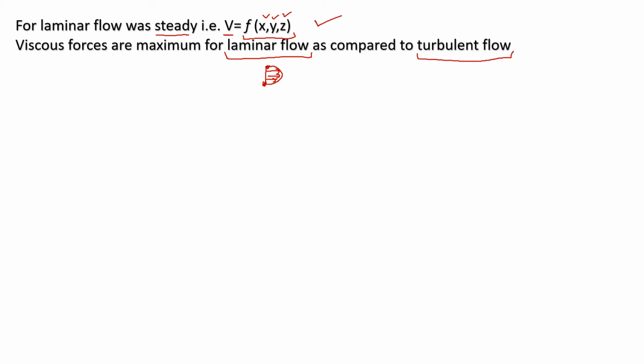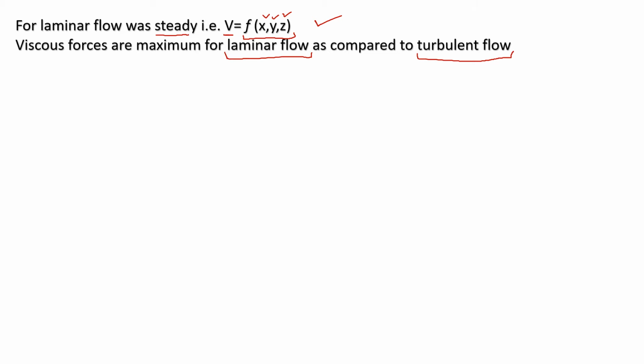And as you remember, the turbulent flow velocity profile was much flatter as compared to laminar flow. That's what we assumed, because the turbulent flow profile was constantly changing.